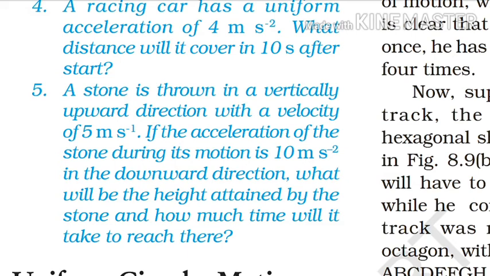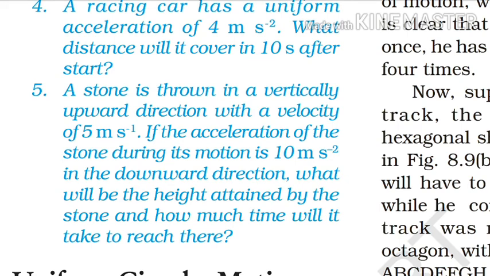And how much time will it take to reach there? It means how much time is taken by the stone to reach its maximum height. This time can be calculated with the help of t equal to v minus u divided by a. Then v equal to 0, u equal to 5 meter per second, and a equal to minus 10 meter per second square.